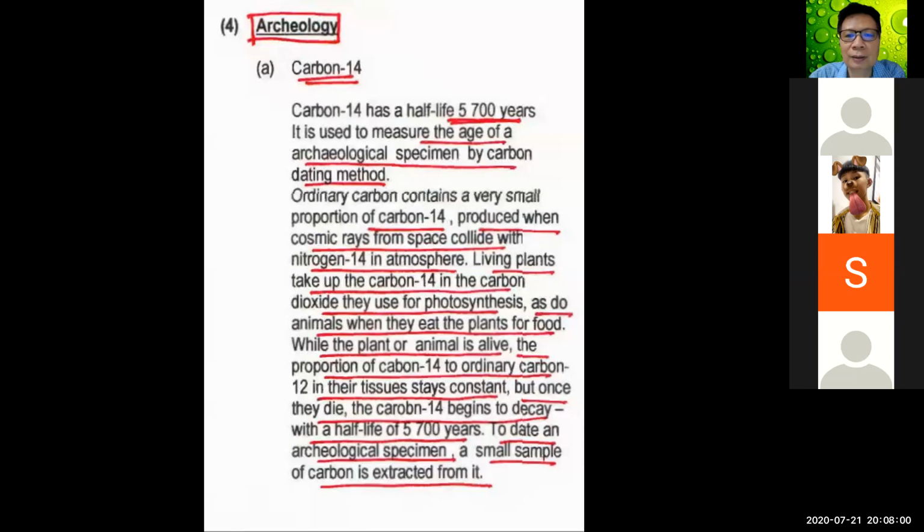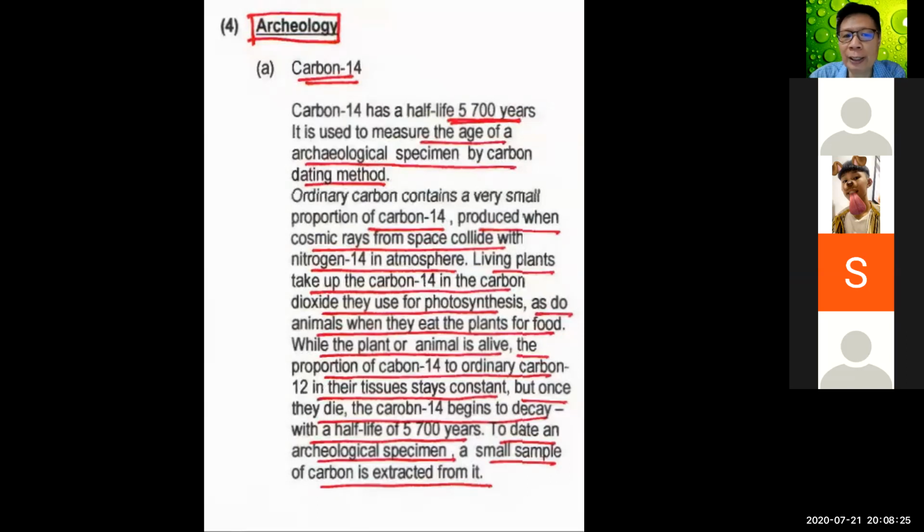Measure the geological time. Geological time means the age of the universe, for example Earth, Sun, Moon. You want to know how old they already are, so you can use uranium-238.